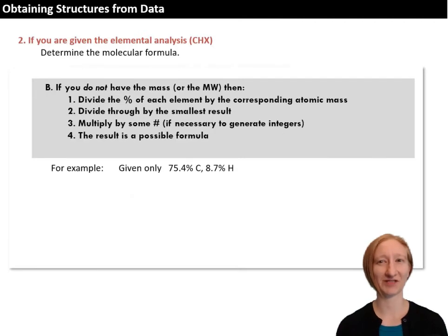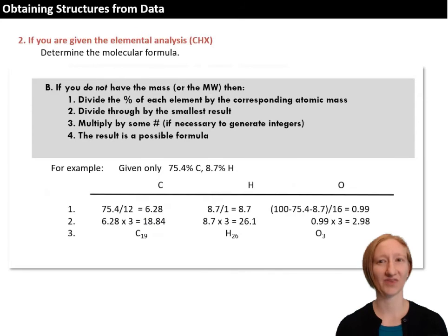If you're not given the molecular weight of the compound, then instead of multiplying by the mass, which you don't have, you'll divide the values by the smallest result. For example, if we're given only the percentage of carbon and hydrogen, then we'll divide each of those percentages through by the mass of that atom. So using our same example, 75.4 divided by 12, and 8.7 divided by 1.